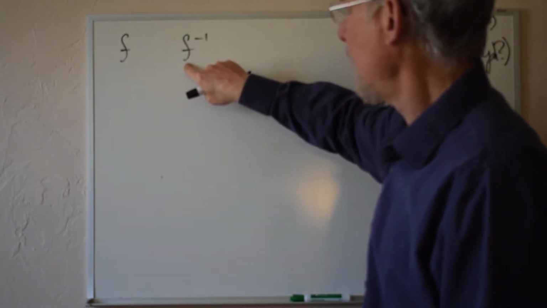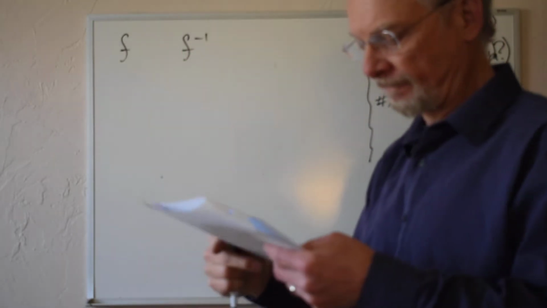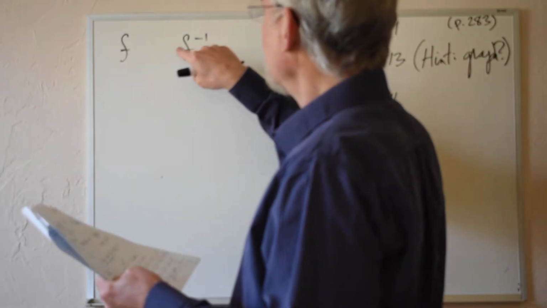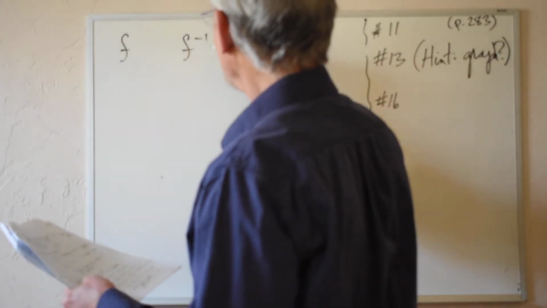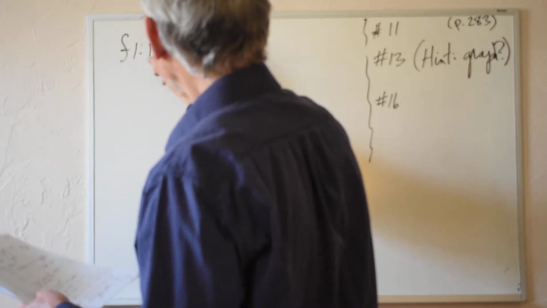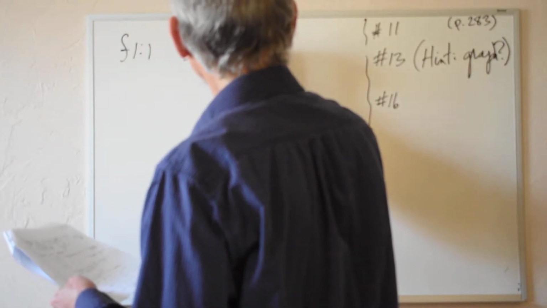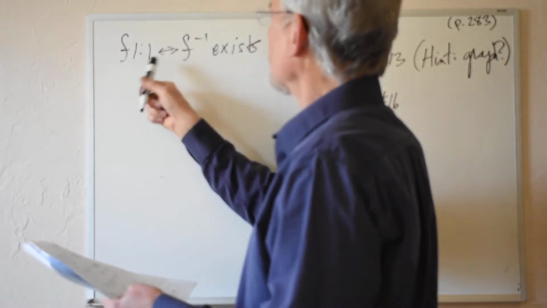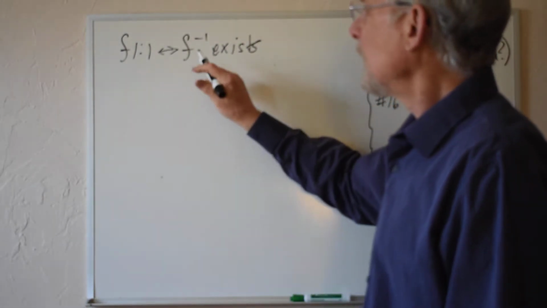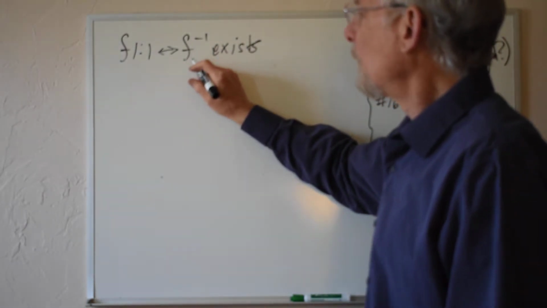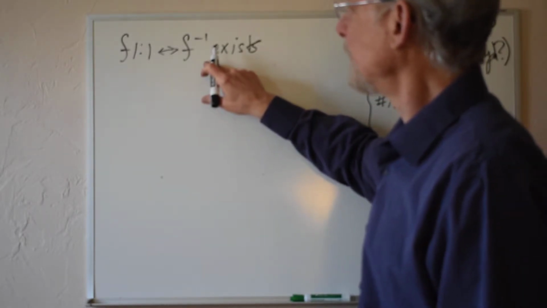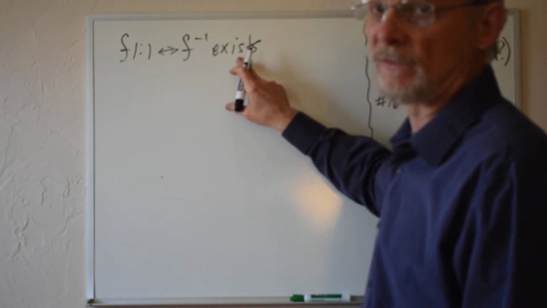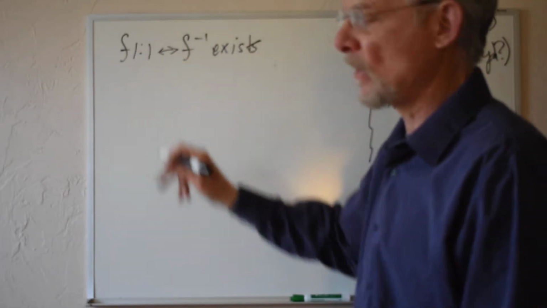But this just is read f inverse. So if f is a 1-to-1 function, this exists. And vice versa. If a function has an inverse, then that function is 1-to-1. So if f inverse exists for a given function f, then f is a 1-to-1 function.